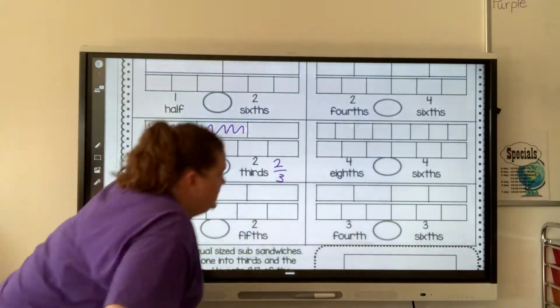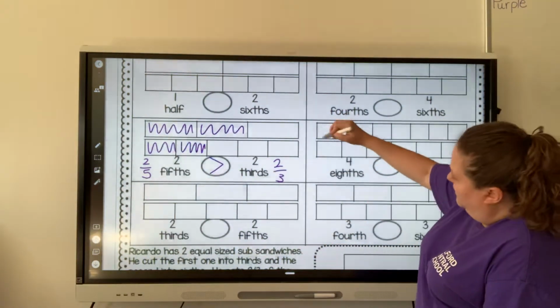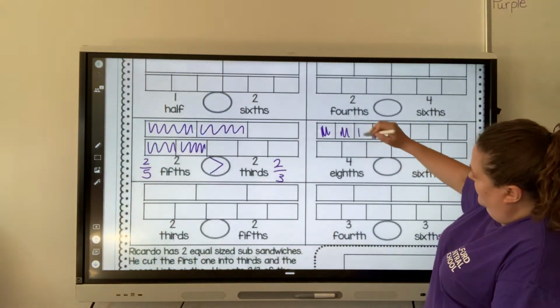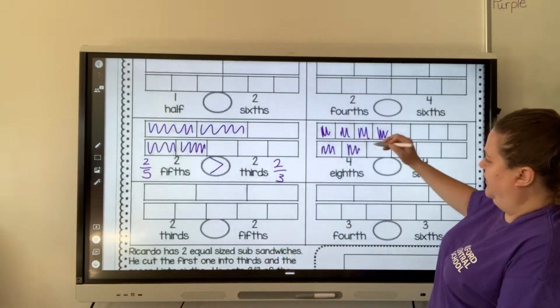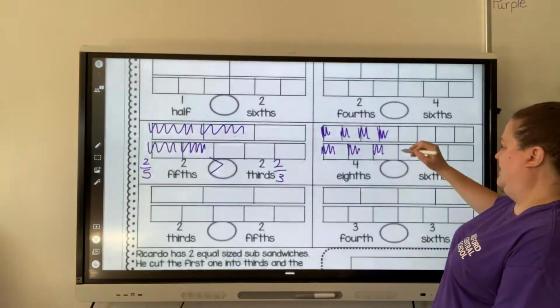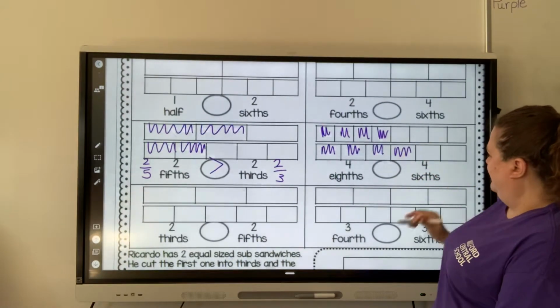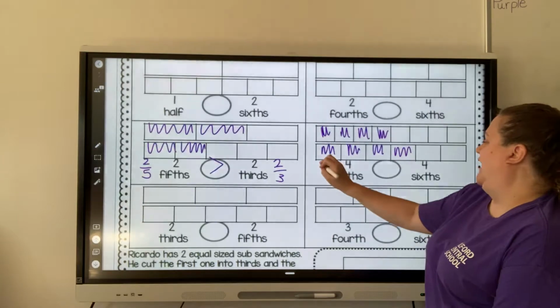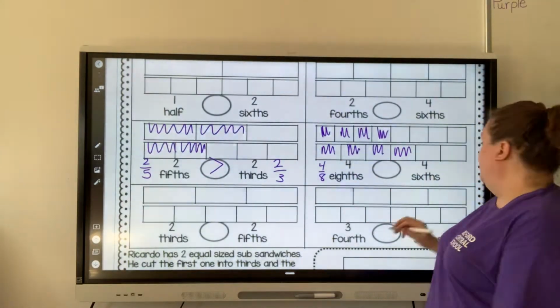All right, over here we're going to do 4/8 and 4/6. So I have 1, 2, 3, 4/8. 1, 2, 3, 4/6. So 4/8. And you don't have to write the fractions. I just do it as a reminder of what they look like when you're doing this.